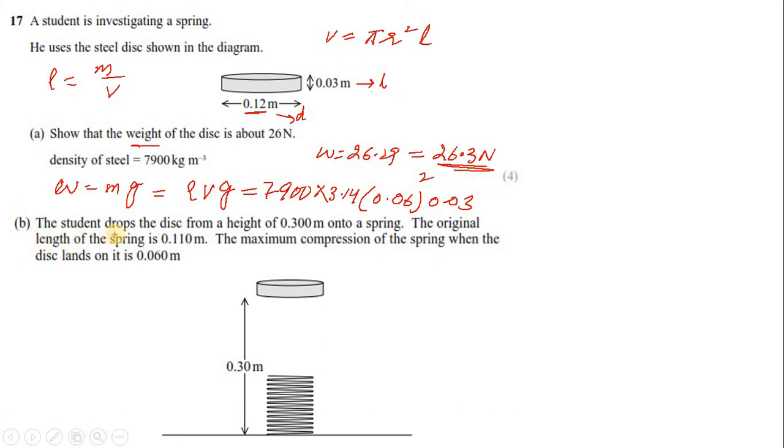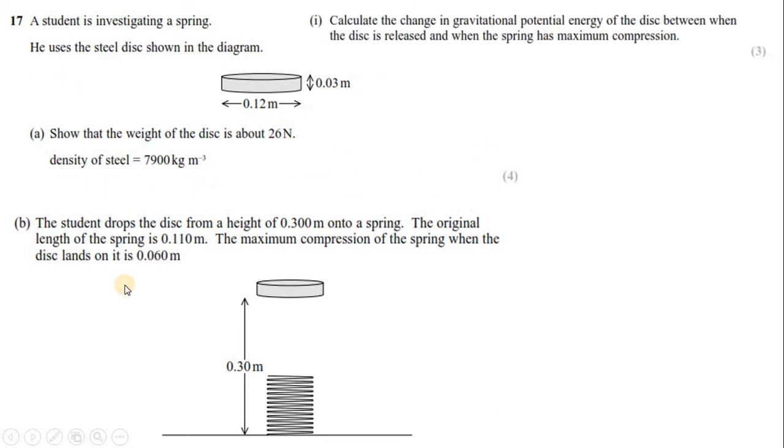Part B. The student drops the disc from a height of 0.3 meter onto a spring. The original length of the spring is 0.11 meter. The maximum compression of the spring when the disc lands on it is 0.06 meter. Calculate the change in gravitational potential energy of the disc between when the disc is released and when the spring has maximum compression.